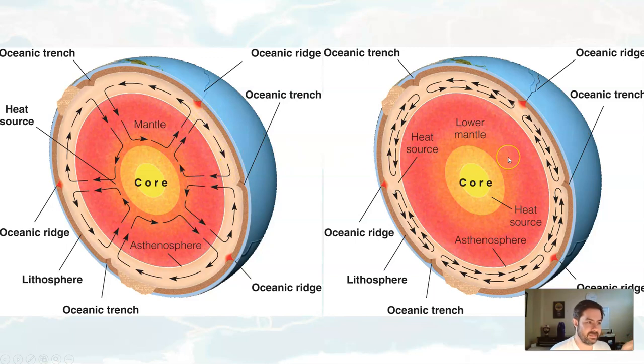In the second model, that only occurs in the asthenosphere, which is not by size this big. It's actually much smaller than that, but just for drawing references, that convection only happens in the plastic-like asthenosphere.